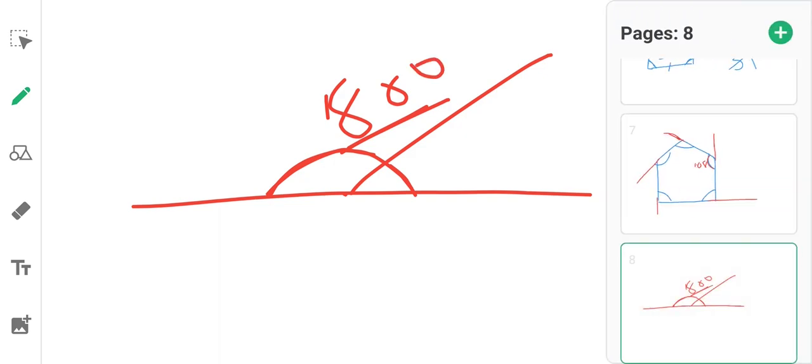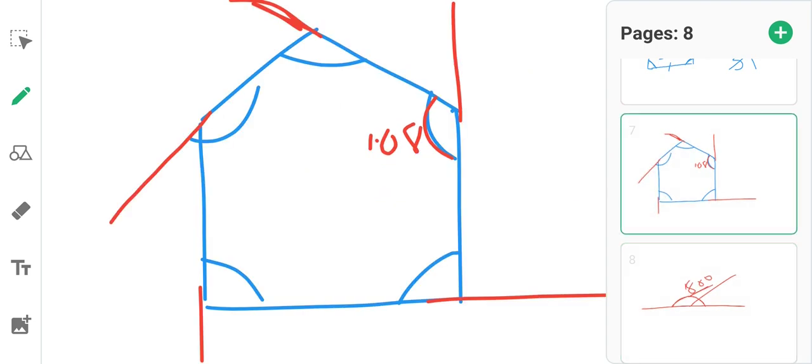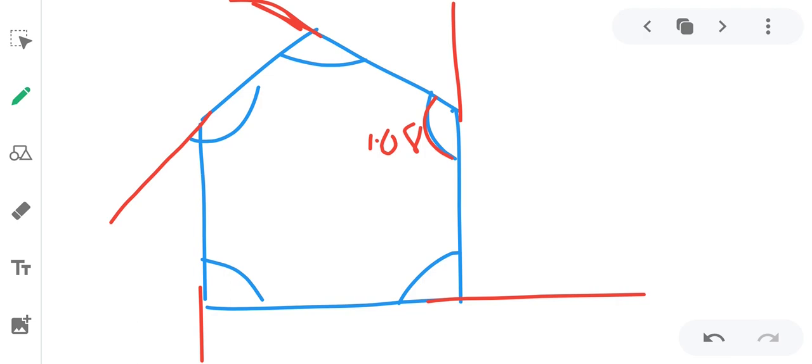If you concentrate on this point, this is a linear angle, so its measure will be 180 degrees. Since it has been divided into two parts, this part is 108 degrees, and the remaining part will be 72 degrees.